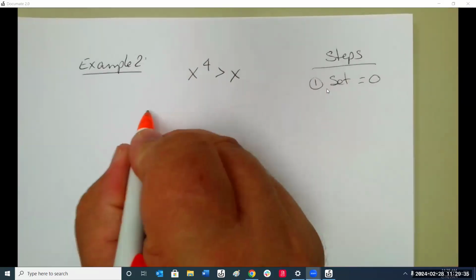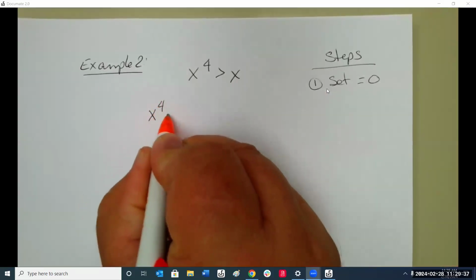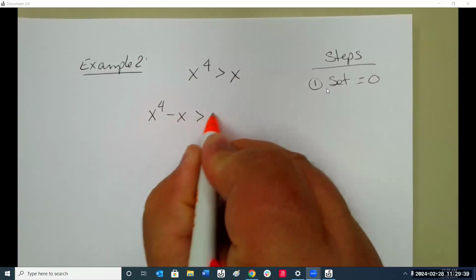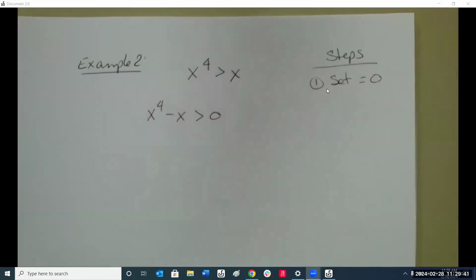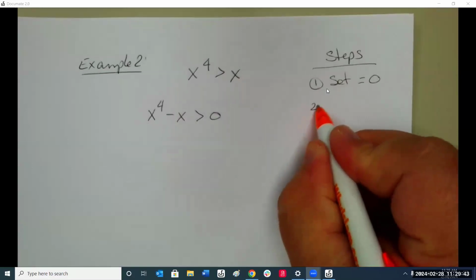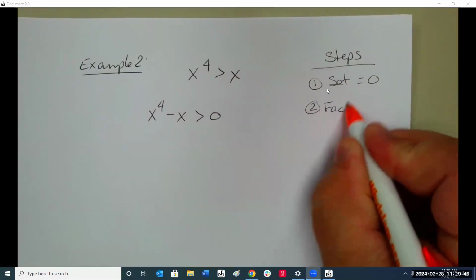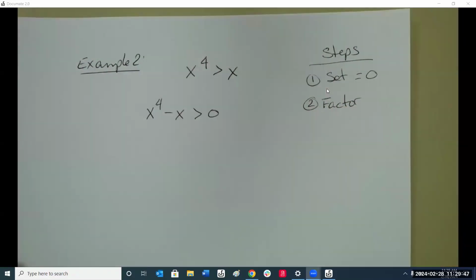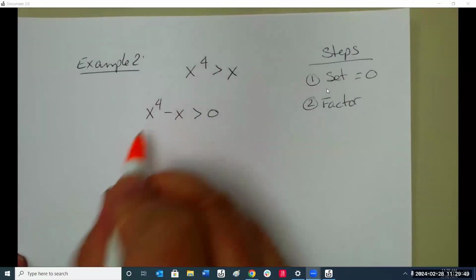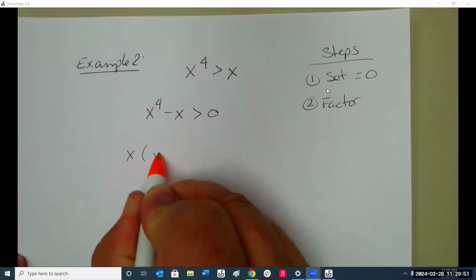So the first thing we have to do is move the x over. Then factor it. They both have an x in common.